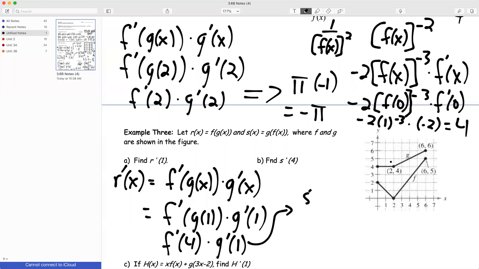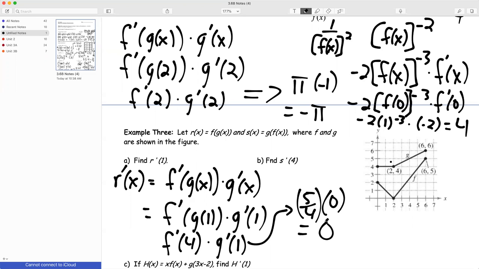So that is 5/4. But that really does not matter. Why does it not matter? The other slope, what is g prime of 1? G prime of 1 is the horizontal line there, which is 0. Therefore, the value here is going to be 0.